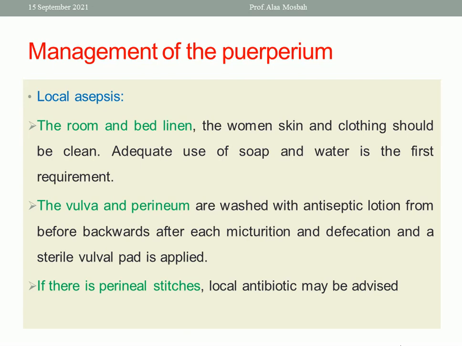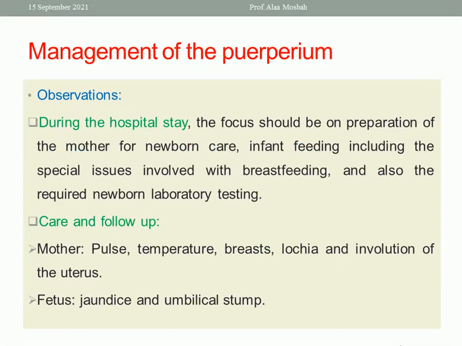They can be washed with a diluted antiseptic solution in warm water, from front to back after each micturition and defecation, and a sterile vulval pad is applied, and they keep the area dry and clean. If there are perineal stitches, some advise giving a local antibiotic for the site of the wound.